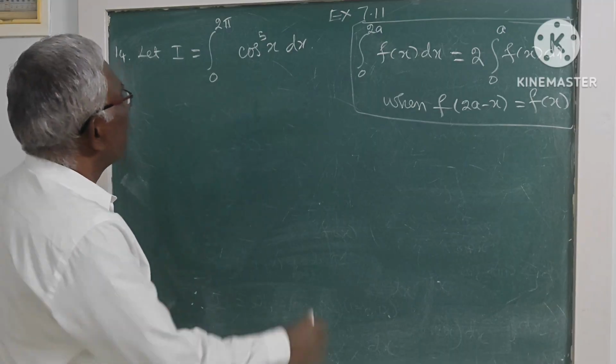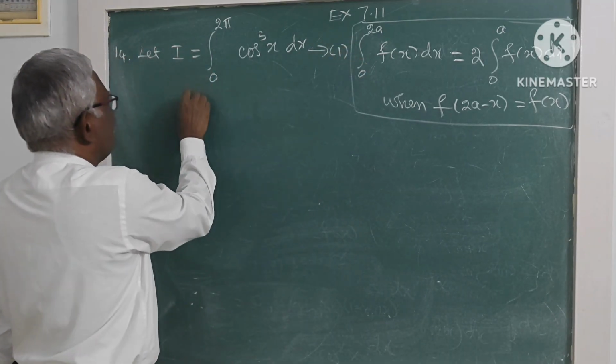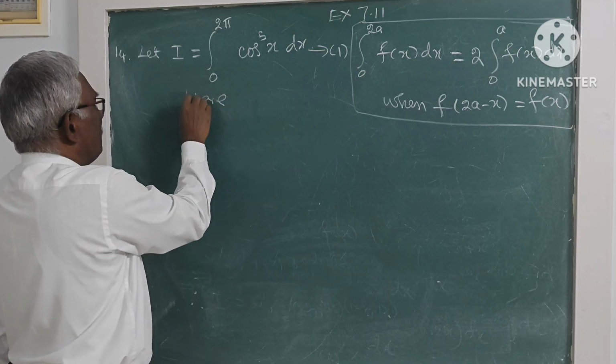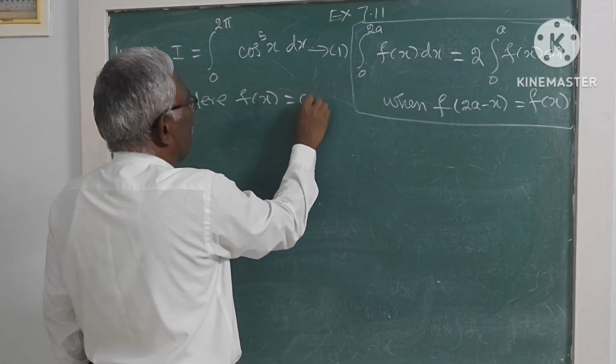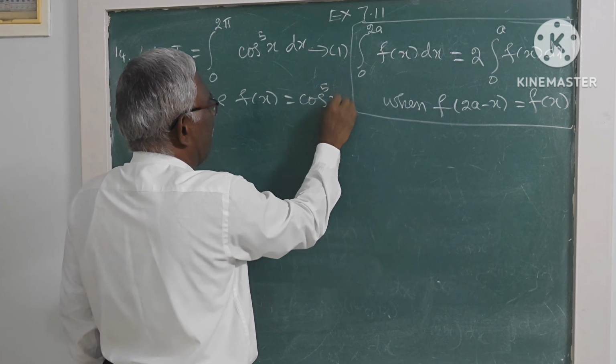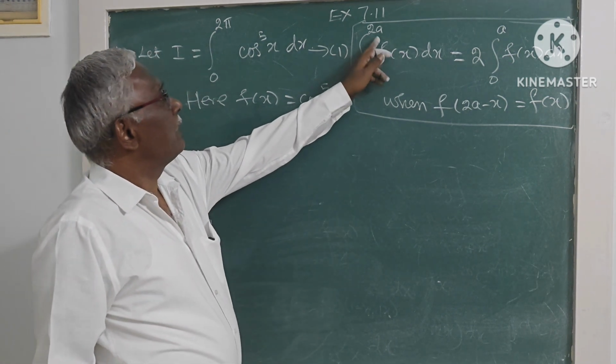Here what is f of x? Here f of x is cos x power pi. What is the value of a? 2a is pi.